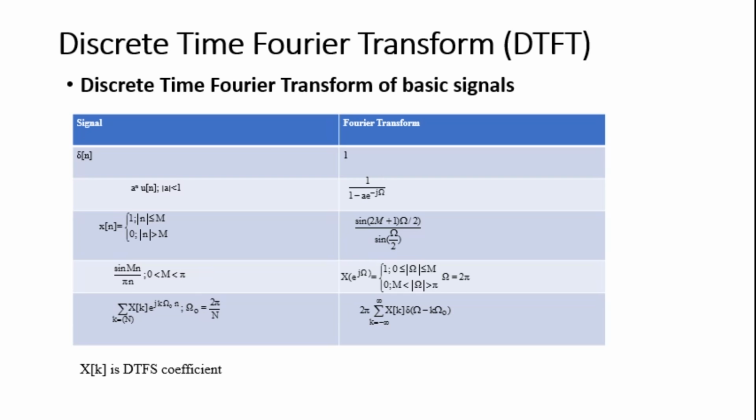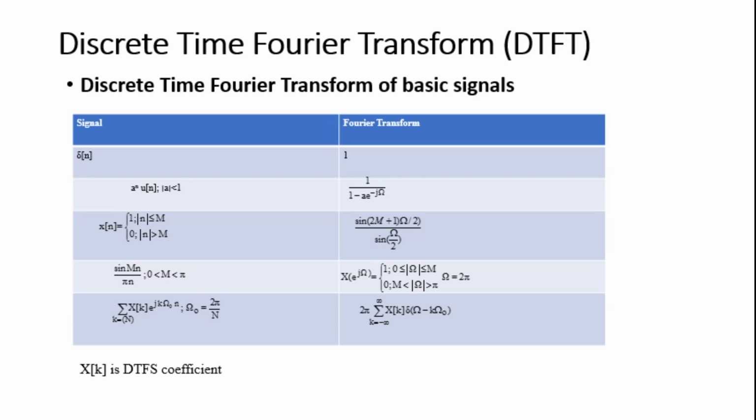The next signal x of n is equal to 1, where magnitude of n is less than or equal to m, and 0 when magnitude of n is greater than m. Then the Fourier transform will be sin of (2m plus 1) into omega by 2 divided by sin of omega by 2.